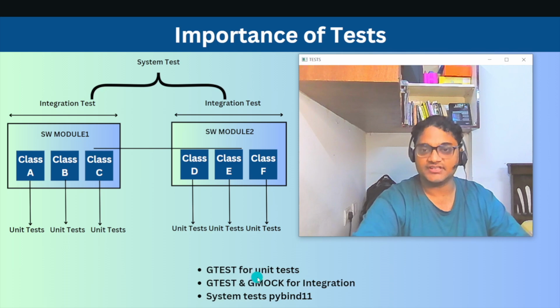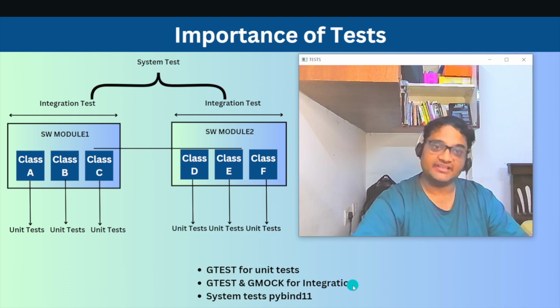GTest means Google Test. It is a framework with a lot of methods and interfaces in it, and we can use that framework to write unit tests for your source code. And there is GTest and GMock together. We use it for integration tests.